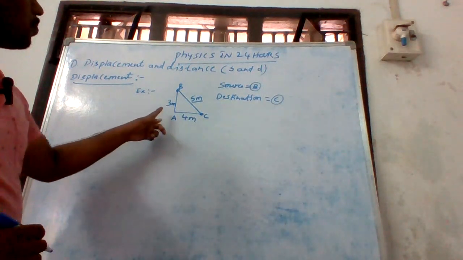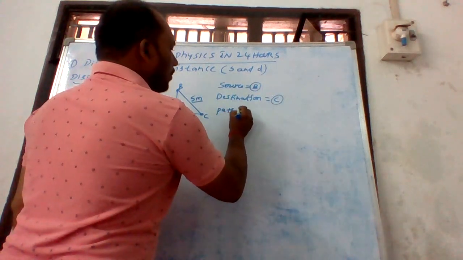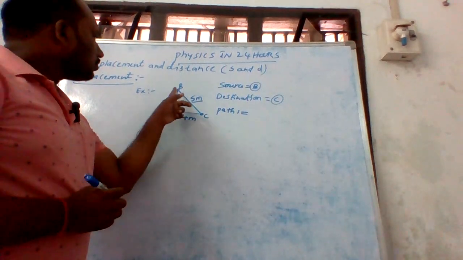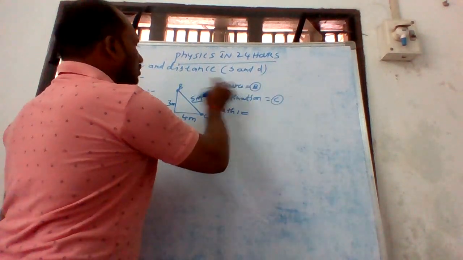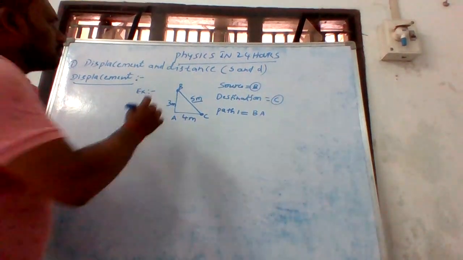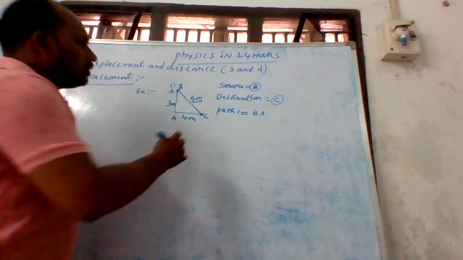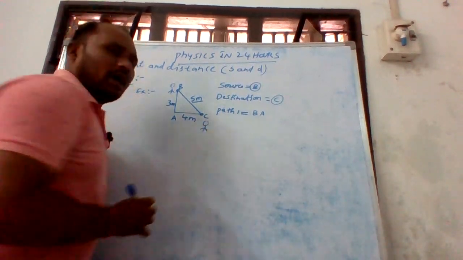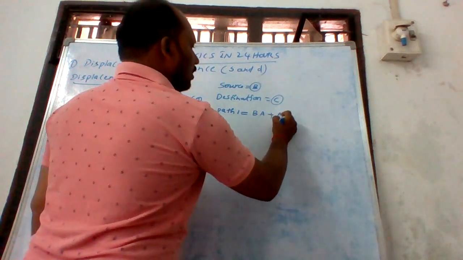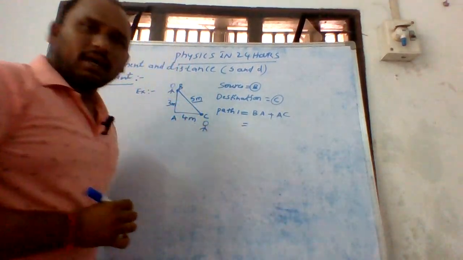Coming to the calculation, let's check the paths. Path 1: I start from the source B, move from B to A, and finally reach C. So somebody starts at B, moves to A, and finally reaches C. Now we calculate the values.